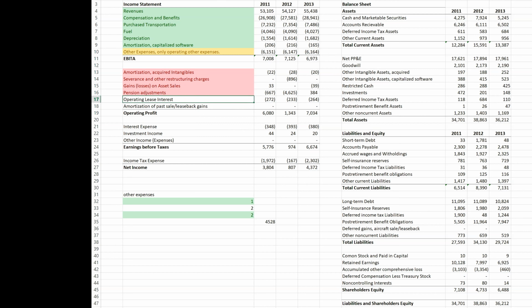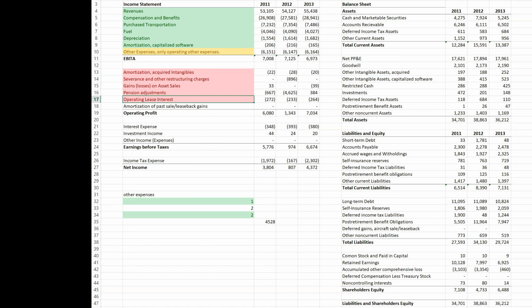Okay. Operating lease interest. An operating lease is, and we'll talk some more about this, especially because the laws have changed. When we get to this chapter, I've got a couple of Wall Street Journal articles posted for you about these law changes.